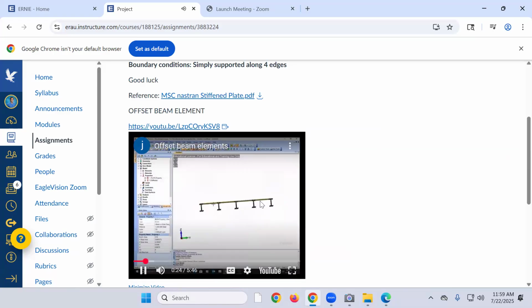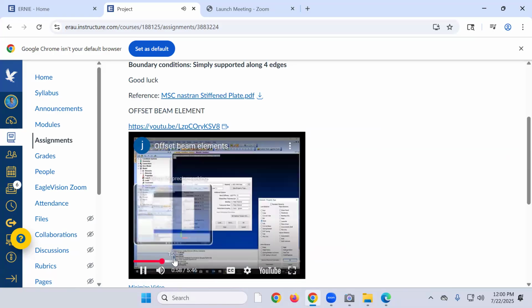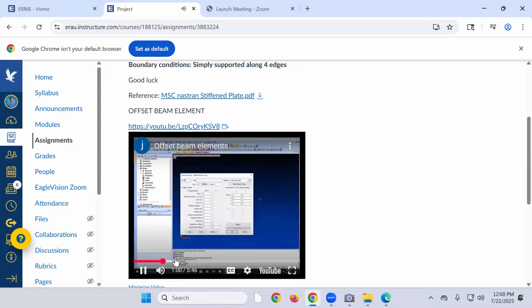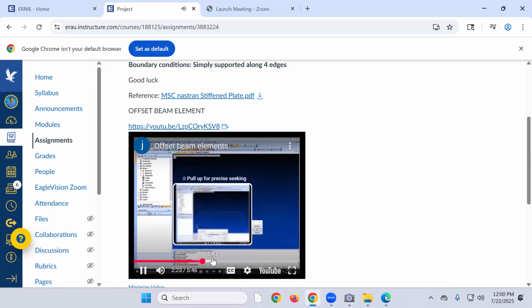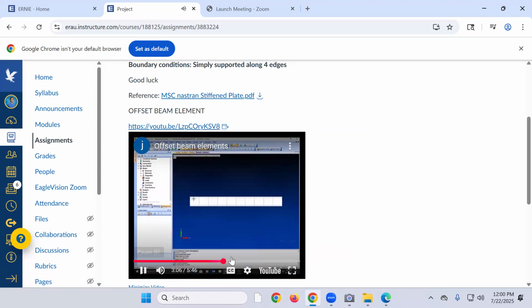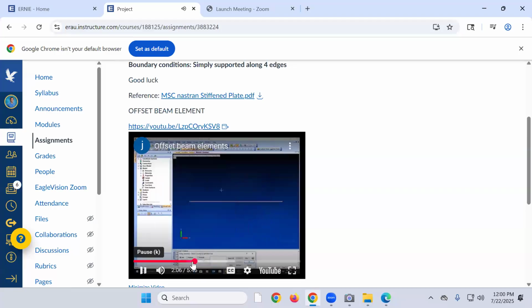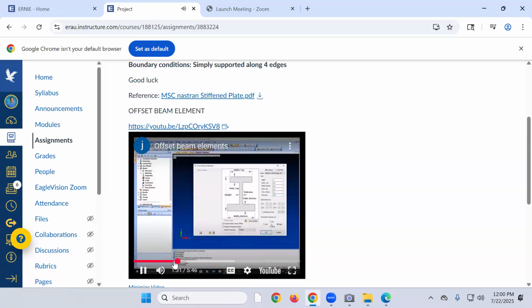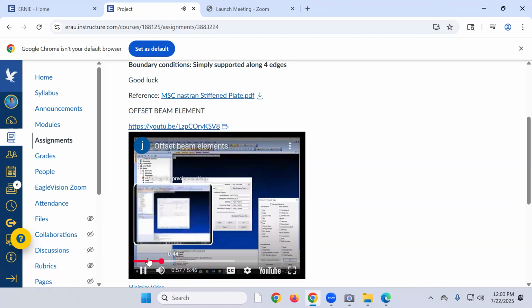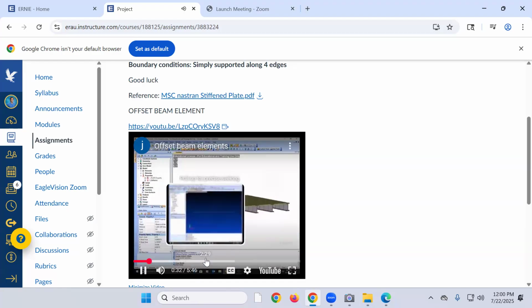So you see this will be the plate, and I'll show you how to do the offset. I think you just need to change the offset value here. It's going to create a line and move it down.